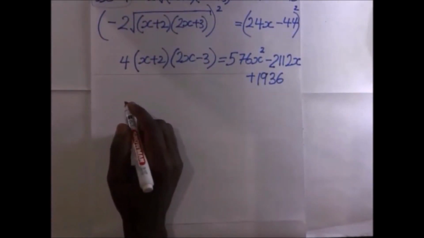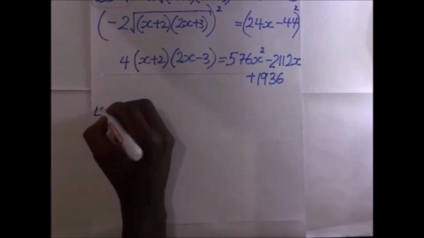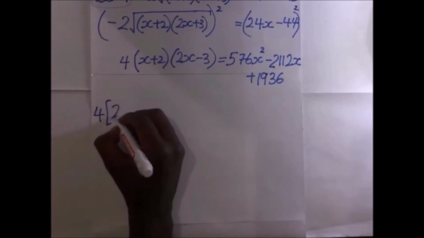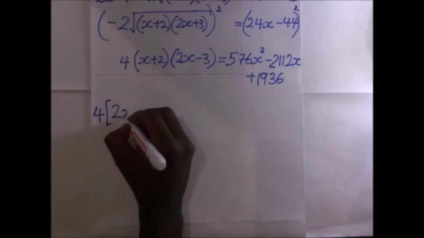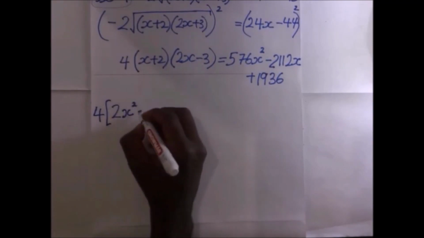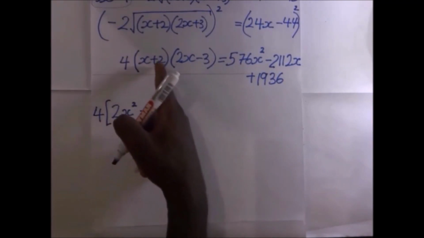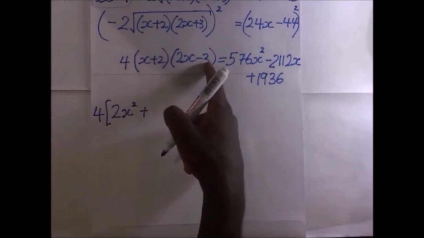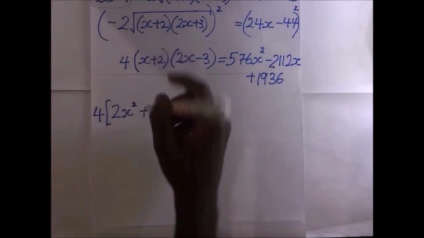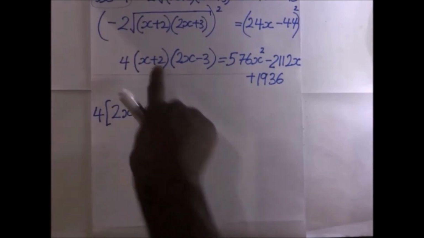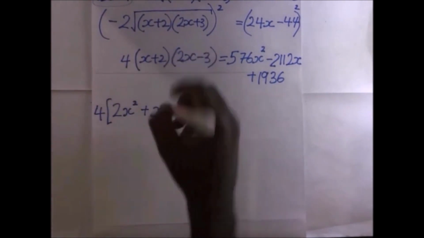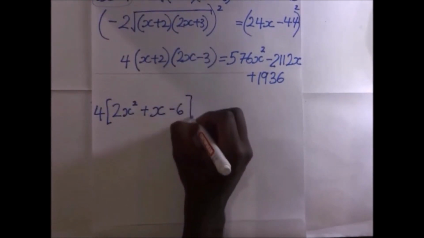So this becomes, when we expand that, 4 into this times that is 2x squared plus this times that plus this times that is going to give us plus x. Then 2 times negative 3 is going to give us negative 6.